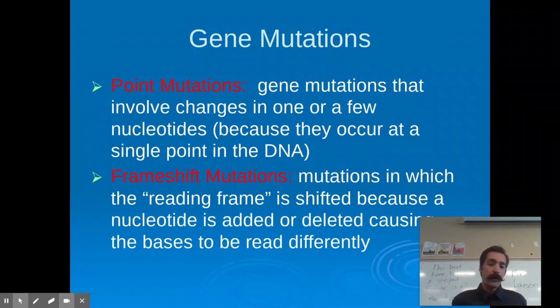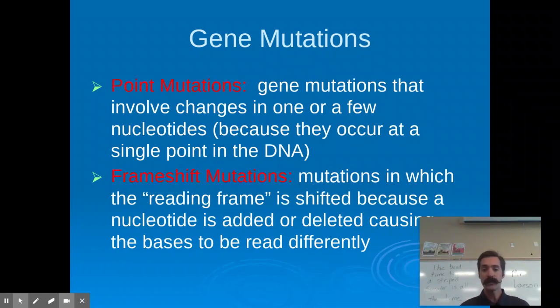So now we're going to talk about what mutations are. We've talked about it a little bit in our cancer digital lesson, but what really happens if things go wrong? If there's a mistake in the DNA molecule, if there's a mistake in the RNA molecule, what could potentially happen? So here we have a couple specific types of gene mutations.